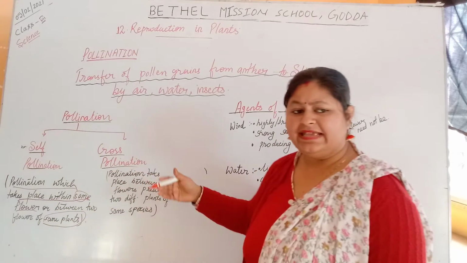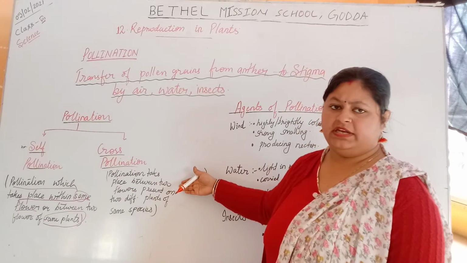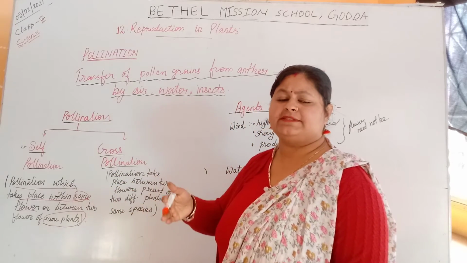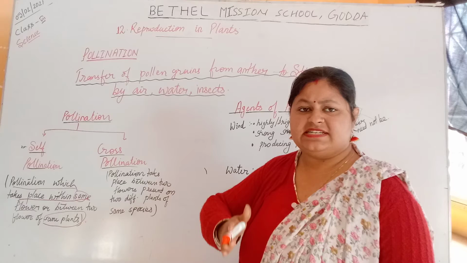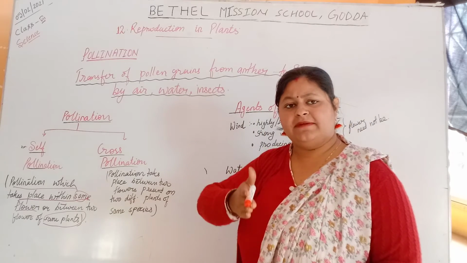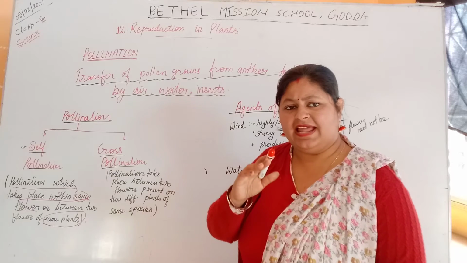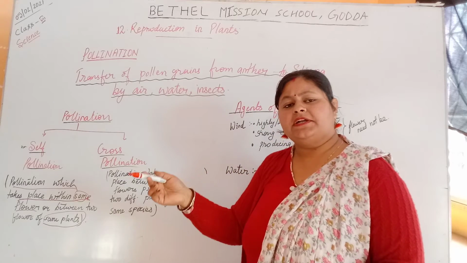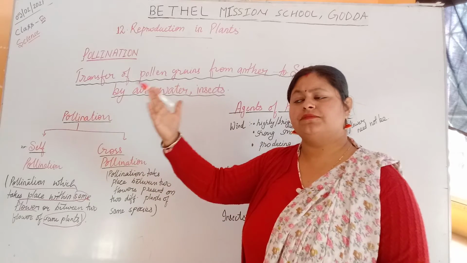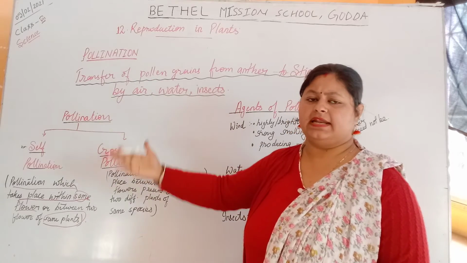Okay. Next is cross-pollination. Cross-pollination means pollination in which the anther of a different plant contains pollen grain and it is transferred to the stigma of a different plant, from one place far away to another place.